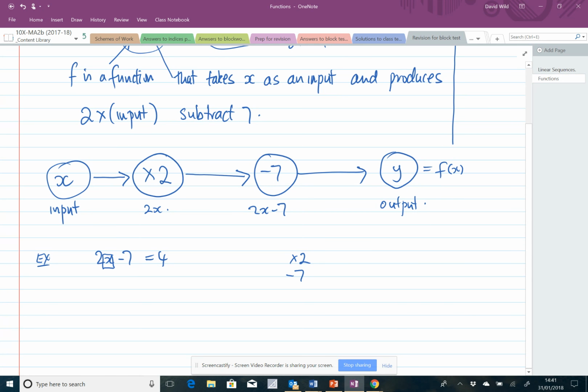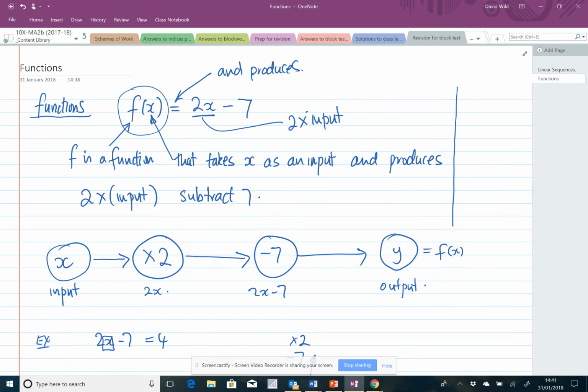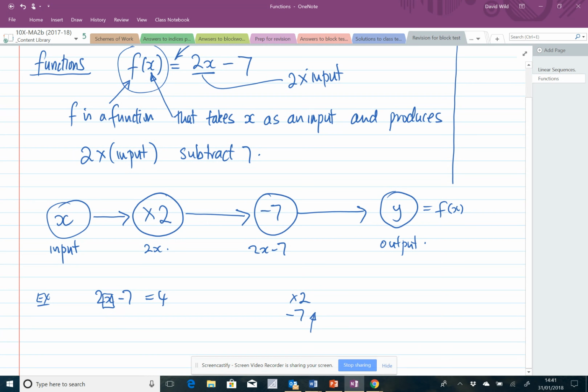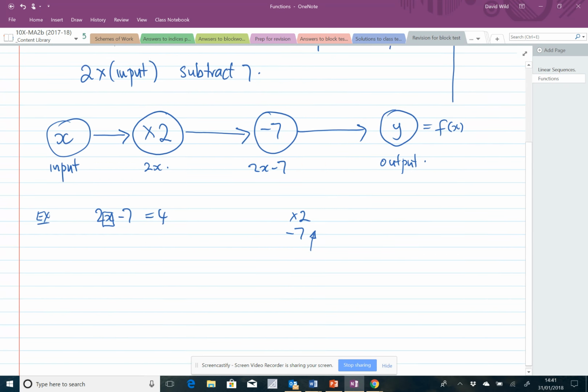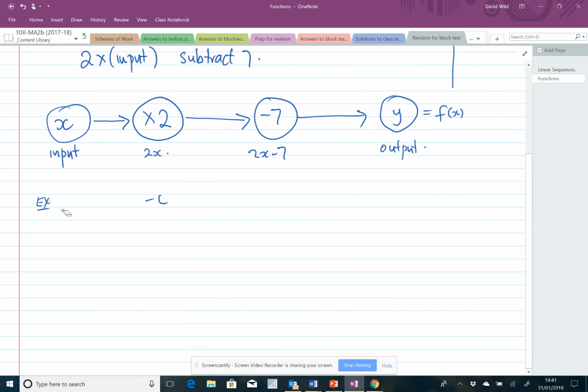Then I asked you to solve that by going in reverse and doing the opposite. So first of all we would add 7 to both sides, and then we do the opposite of times by 2, which would be divide by 2. And that gives us a way of working out what the inverse of a function is.